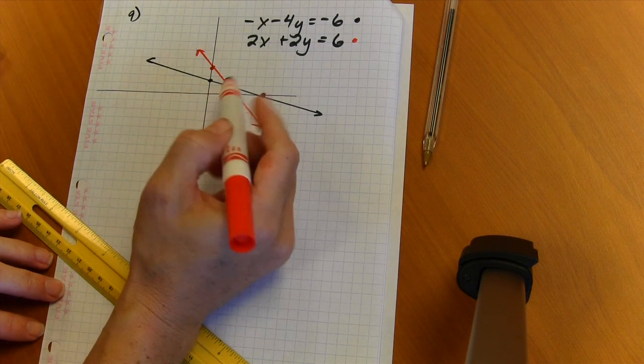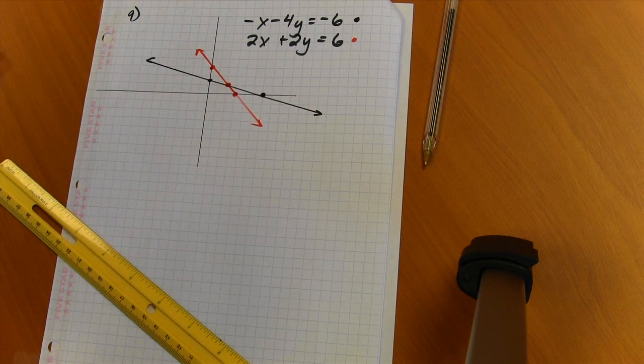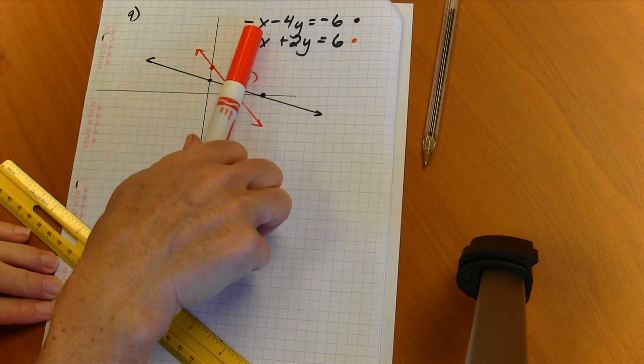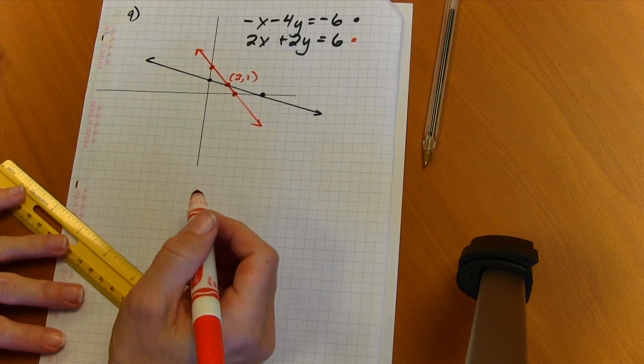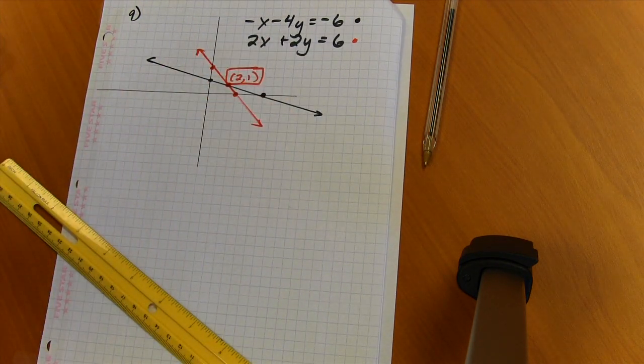It looks like 2, 1. 2, 1 is what my graph looks like. And then, of course, you can confirm it by plugging 2 in for x, 1 in for y. If it satisfies both equations, it's the solution. And it will. And I'll let you test that on your own.